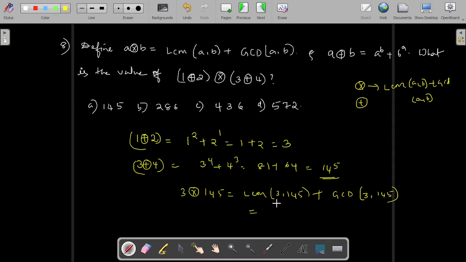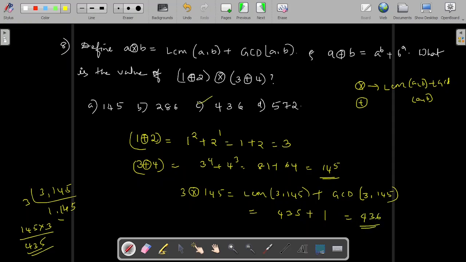So what is LCM of 3 comma 145? You can calculate LCM like this. So that is 3 ones. It is 145 itself, because it is not divisible, right? Therefore 145 into 3 you do, that gives you LCM 435 plus the GCD, it is the greatest common divisor, that is it is not having common divisors other than 1. So therefore GCD is 1, so 436.